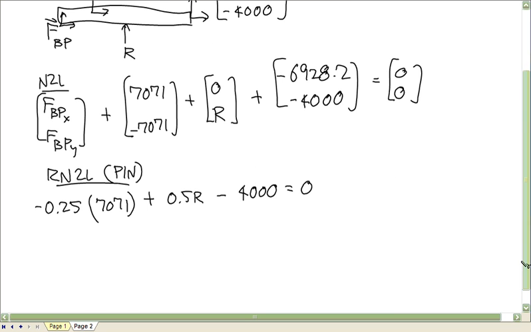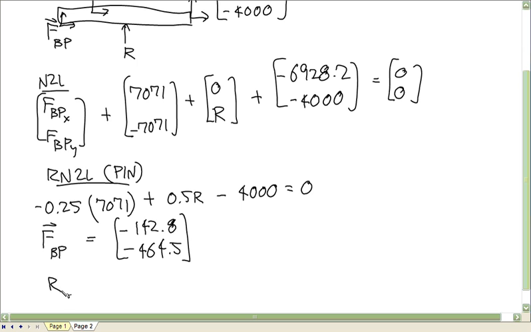And if you solve this, tell me if you got the same thing. You get F_BP vector is equal to pretty small values, negative 142.8 and negative 464.5.